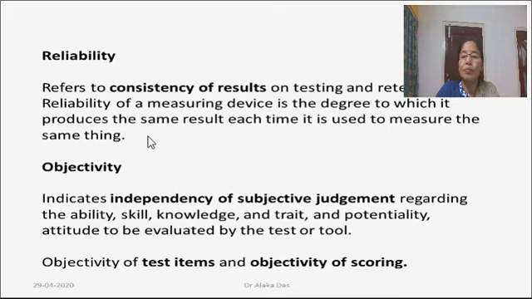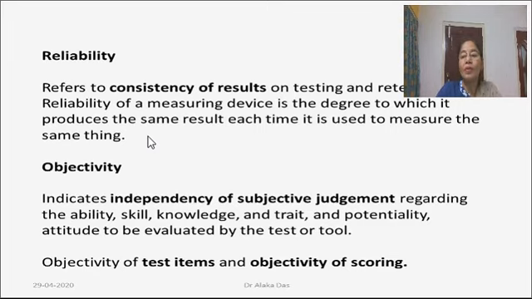Validity means validity in terms of item construction, in terms of objectivity, in terms of scoring. If such types of validity are there, it is certain or guaranteed to have reliability. But if a test is reliable but not valid, it may give reliable results, but the test may not be valid. A simple example will make it clear.